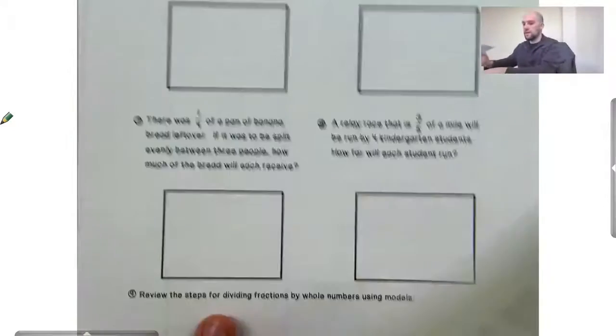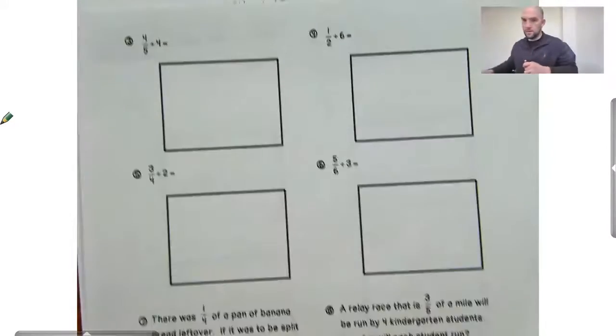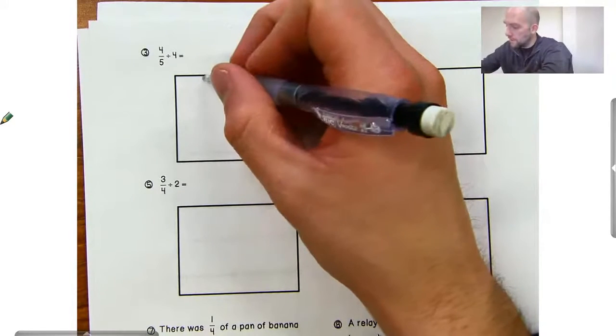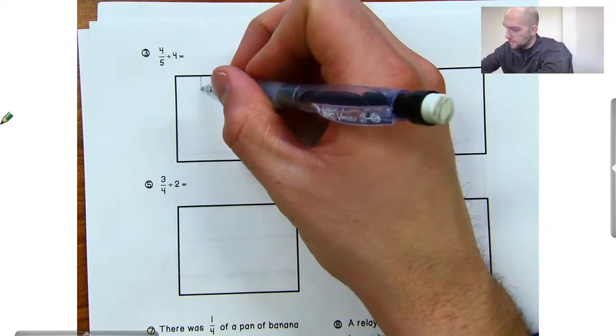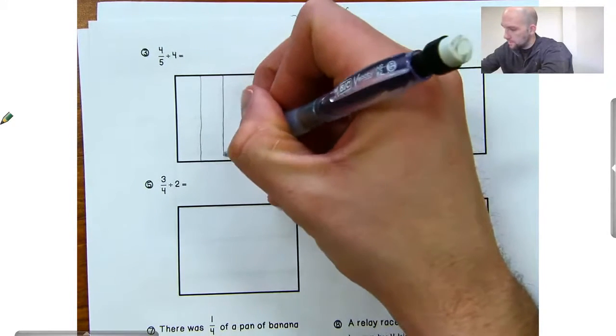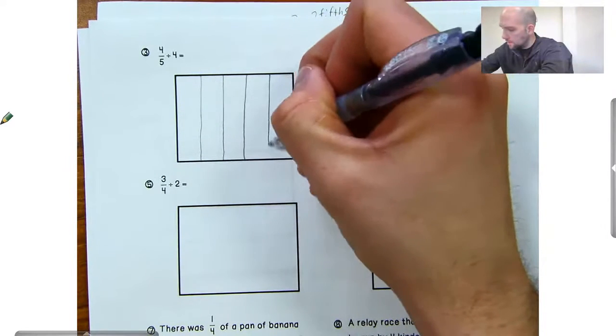All right, let's do 1 or 2 more of these. I think we'll do one more here, one regular one, and then we'll switch and we'll do one word problem. So number 3, it says 4/5 divided by 4. So I have to make fifths. 1, 2, 3, 4.